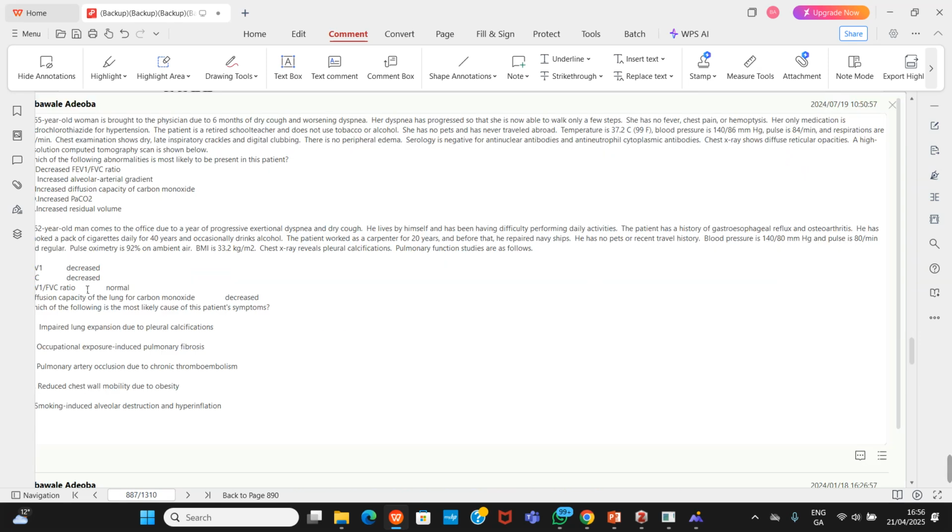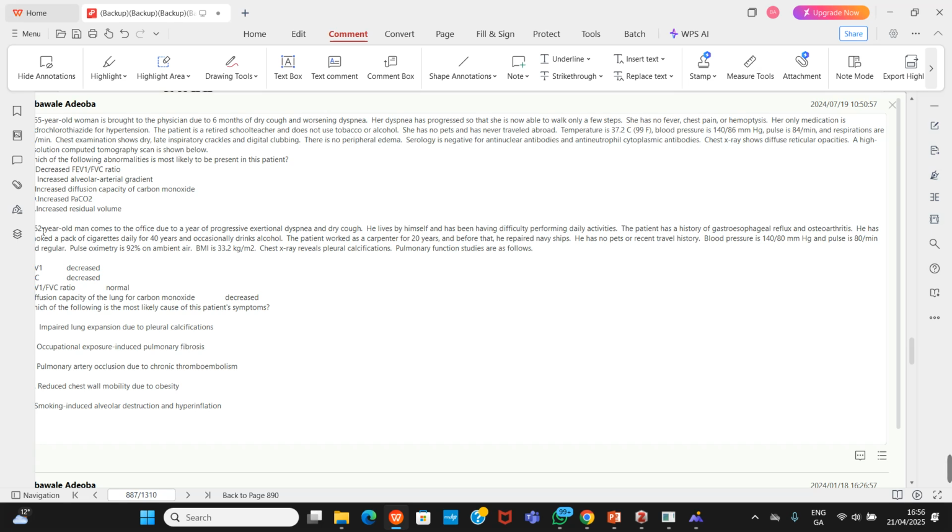Okay. A 62-year-old man comes to the office due to a year of progressive exertional dyspnea and dry cough. He lives by himself and has been having difficulty performing daily activities. The patient has a history of GERD and osteoarthritis. He smoked a pack of cigarettes daily for 40 years and drinks alcohol occasionally. He works as a carpenter for 20 years, and before that he repaired Navy ships.